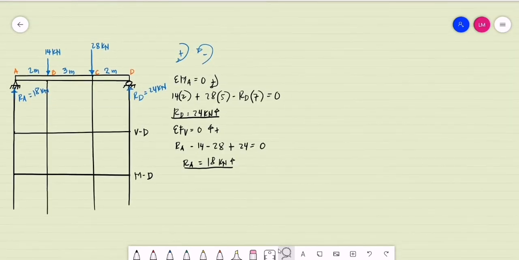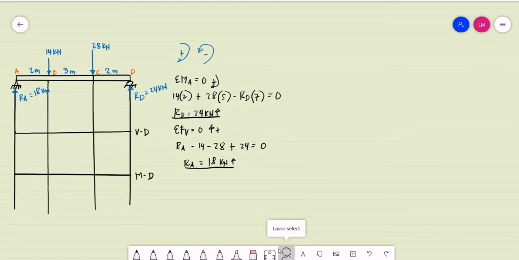So let us first consider our first segment, segment AB.